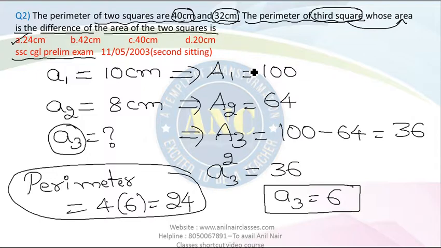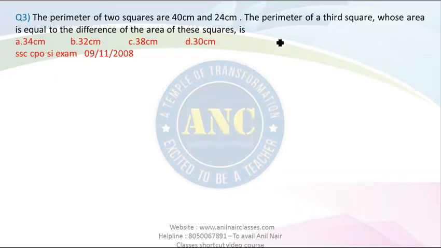Let us try to cover every possible model, whether it is easy or difficult. This particular question, which came in the 2003 examination, a similar kind of question had come in the examination in 2008. Now, let us read the question. Perimeters of two squares are 40 and 24 centimeters respectively.